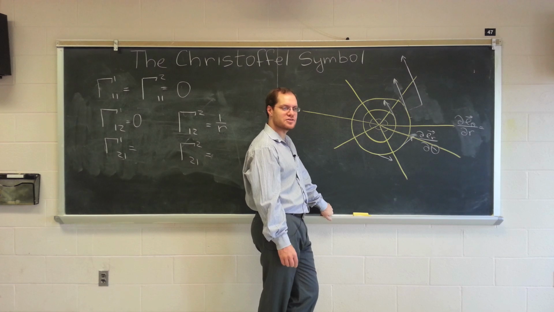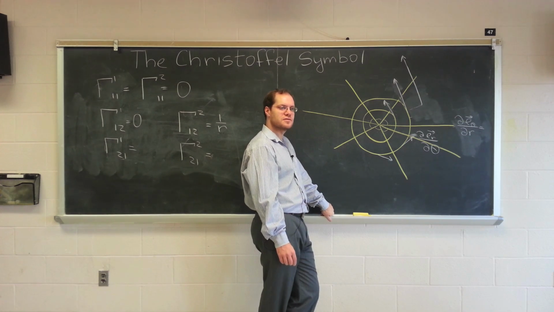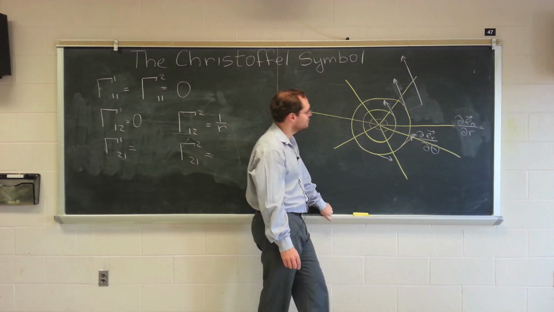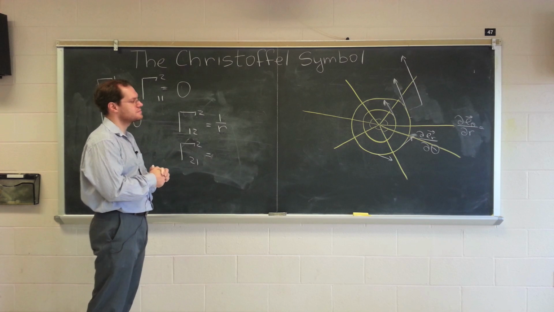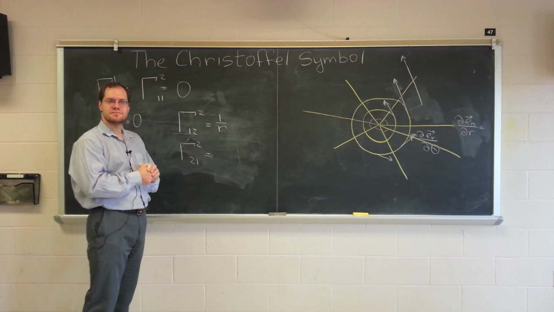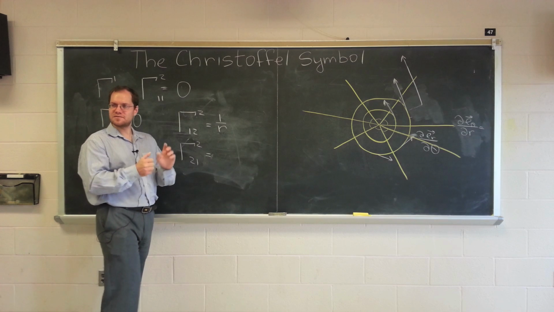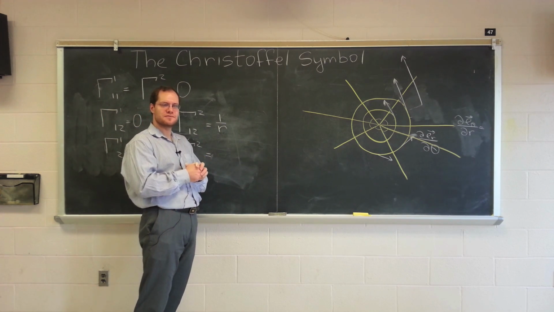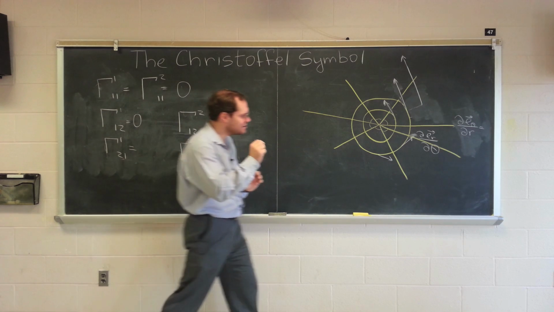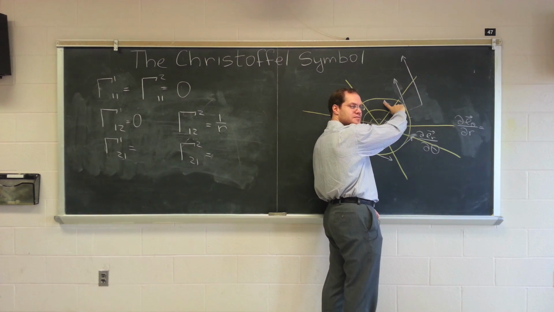So what is its rate of change with r? dE_θ/dr. I'll let you think about that for a moment. And which direction does it point? Well, you just have to do that finite difference and then think about what happens to the difference as delta r goes to 0. What's the difference between this vector and this vector?